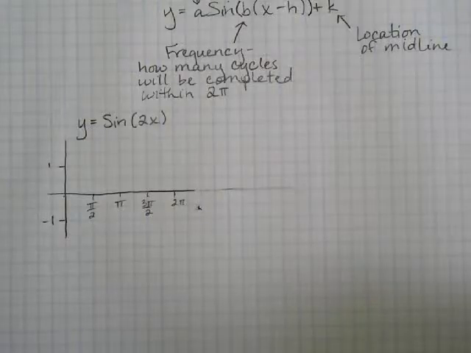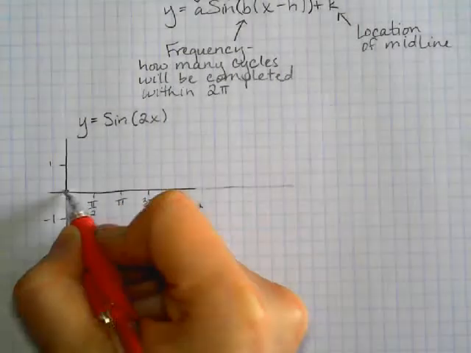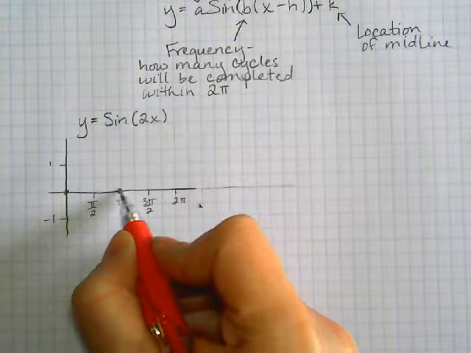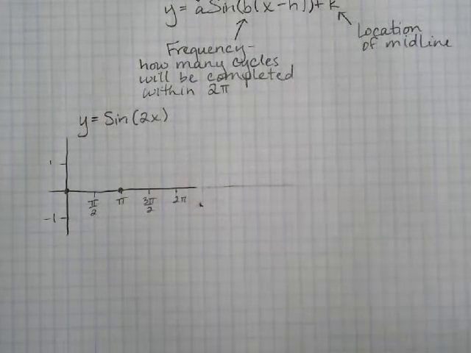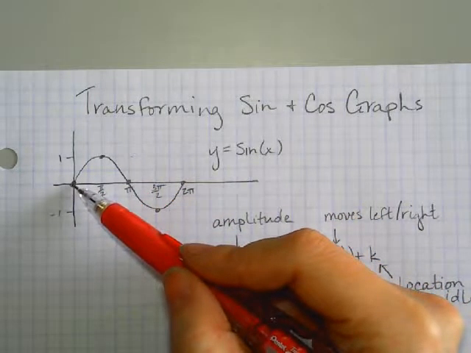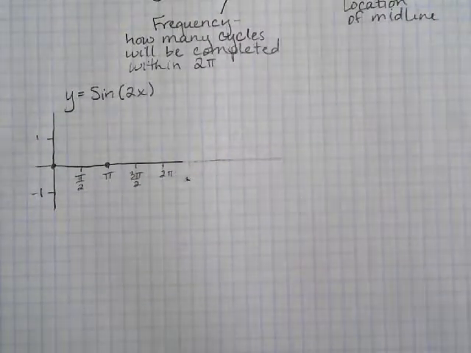Close. I think you're just thinking I was referring to something else. So my middle point, like if I'm looking at these 3 points here, those 3 points on my midline are now going to be squished in half. And so at pi over 4, I'm going to be up to 1, and at 3 pi over 4, I'm going to be down to negative 1.